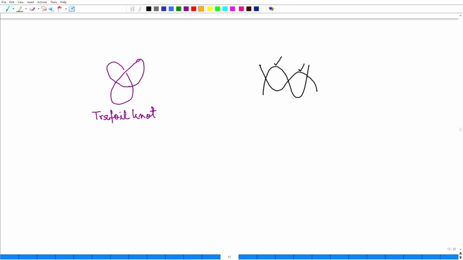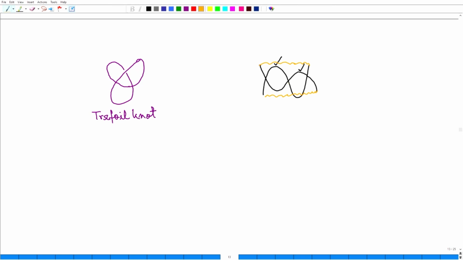So, it is similar to that. And so, this is my linear part and this is the linear part. Okay. So, now if you do it like this, then I am getting this particular trefoil knot.